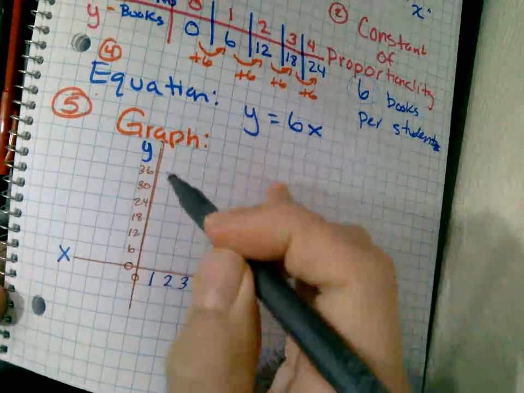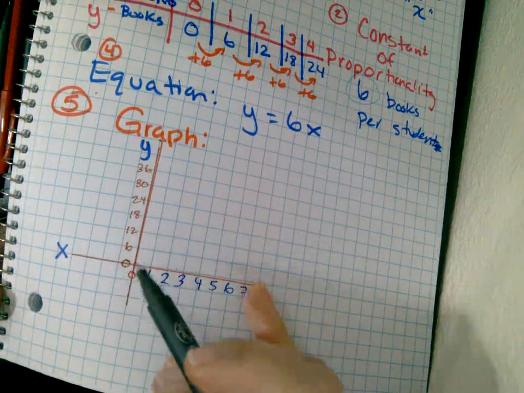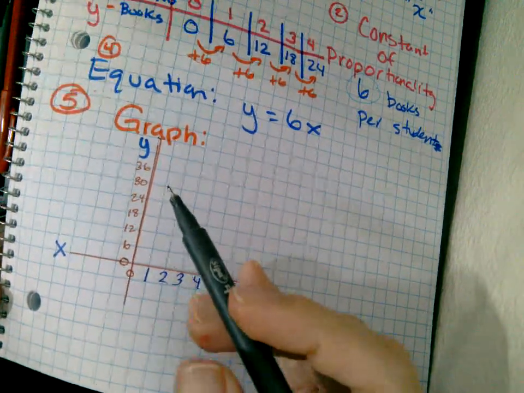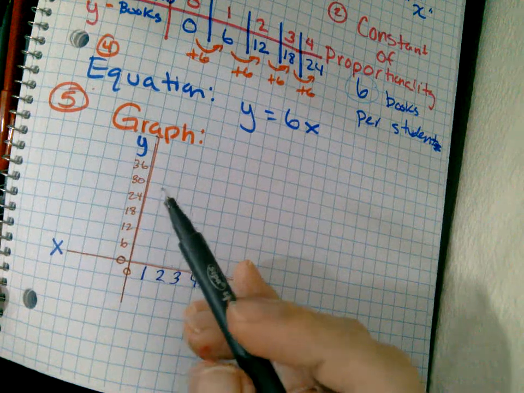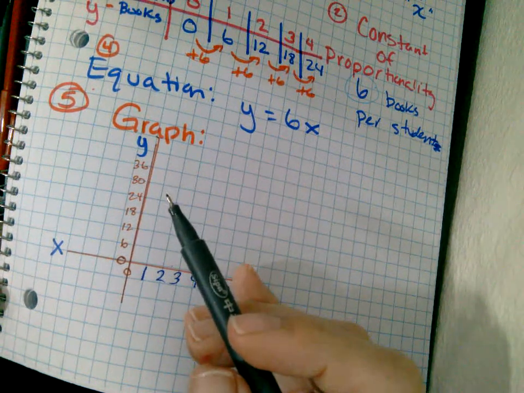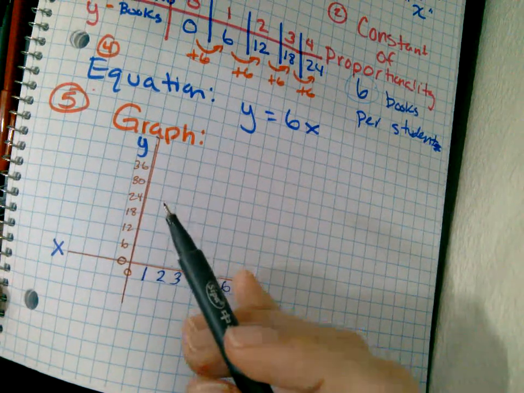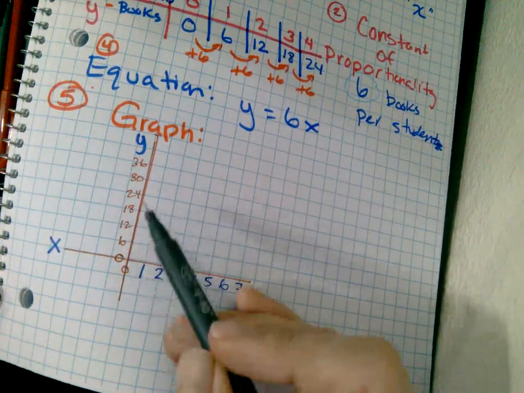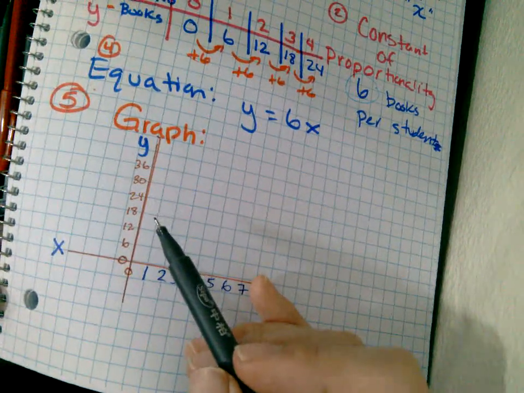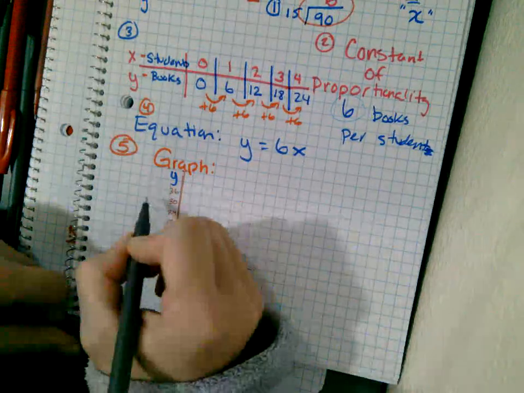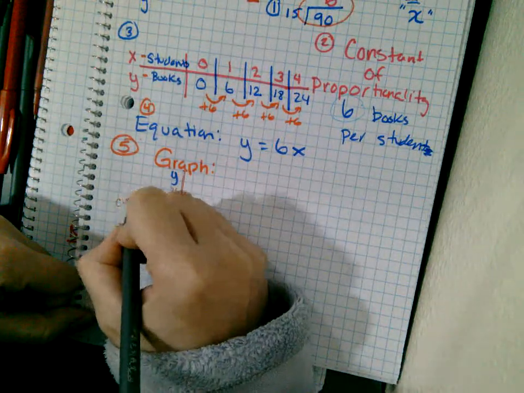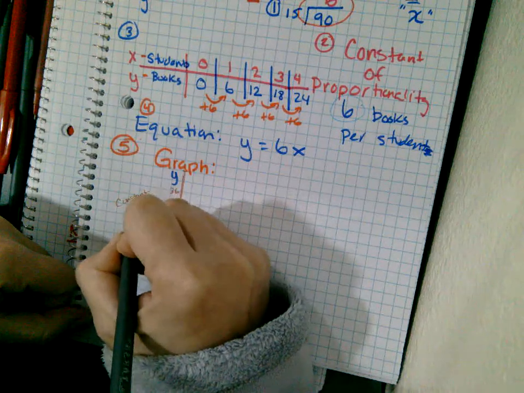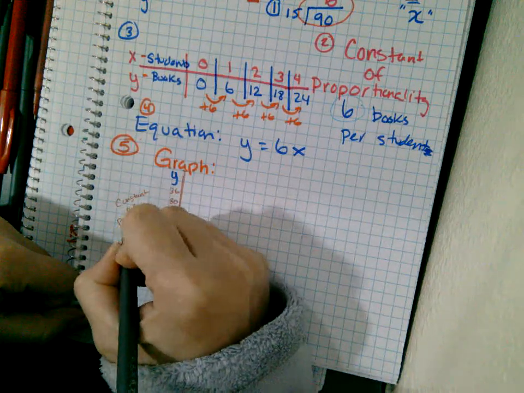So on your Y, do not go up by 1. If you go up by 1, you are working harder and no one's going to congratulate you on that. You got to work smarter here, kids. You got to go up by the unit rate. Trust me. Go up by the constant of proportionality.